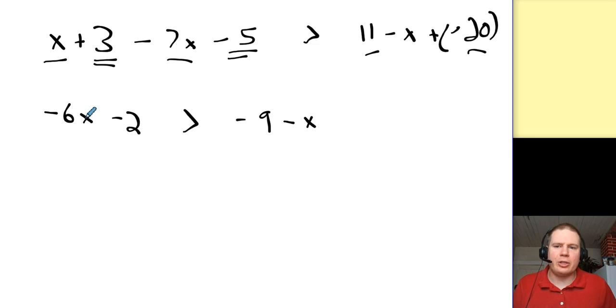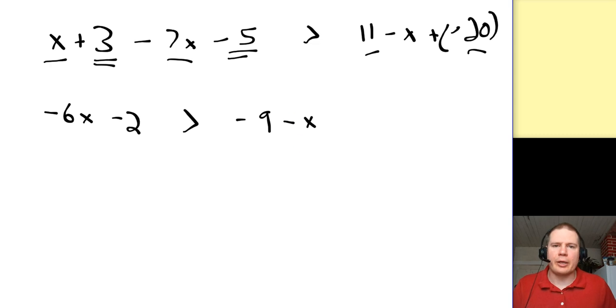If I get 1x here, that would require 1 over 6 x as a coefficient here. 9 divided by 6 could be reduced, but it's still a fraction. 2 divided by 6 can be reduced, but it's still a fraction. You don't usually want to start dividing until either you're at your very last step, or if you know that division will cancel from every term. So we're not going to divide, we're going to add.